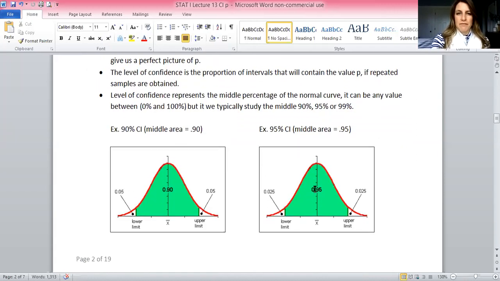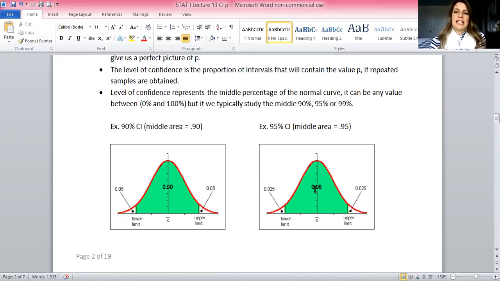The level of confidence is the proportion of intervals that will contain the value P if repeated samples are obtained. What we're looking at is the middle 90%, or middle 95%, or middle 99%. You can really use any percentage, but typically in this class we talk about 90, 95, 99.